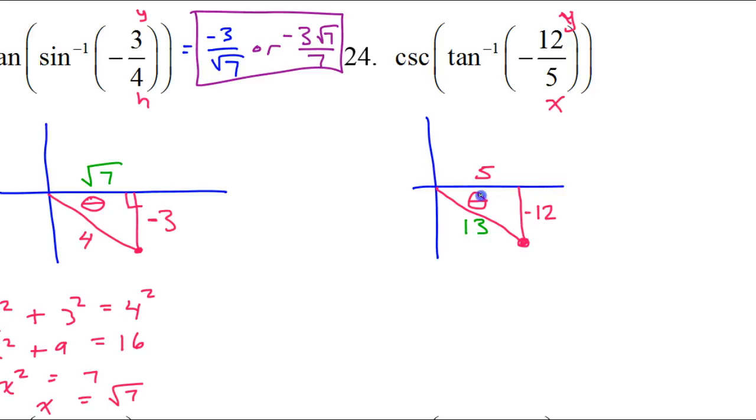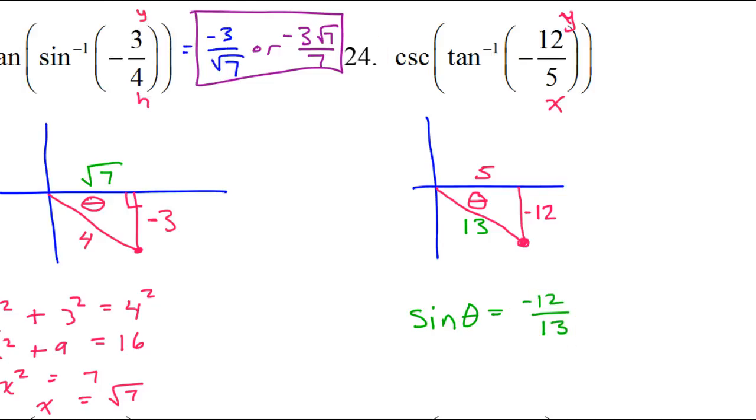Now, I don't need to know what this angle is. I just need to know what the cosecant of this angle is. The cosecant is the reciprocal of the sine function. So first I'm going to ask myself, what's the sine of this angle? Sine is opposite over hypotenuse. That's negative 12 over 13.